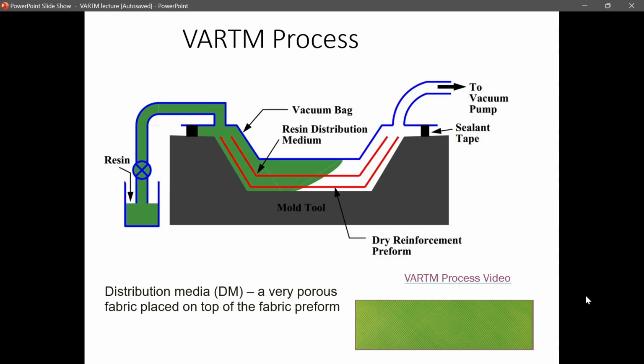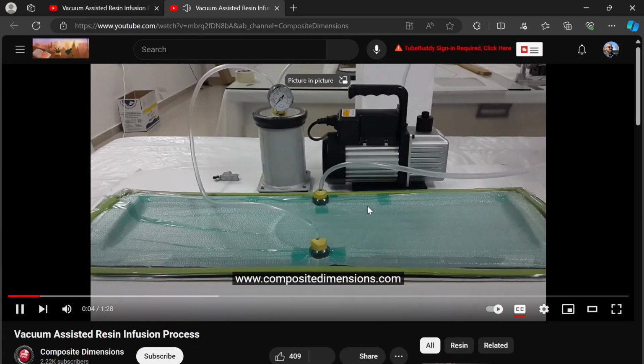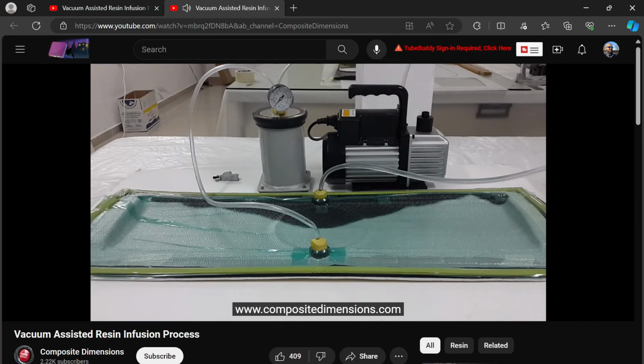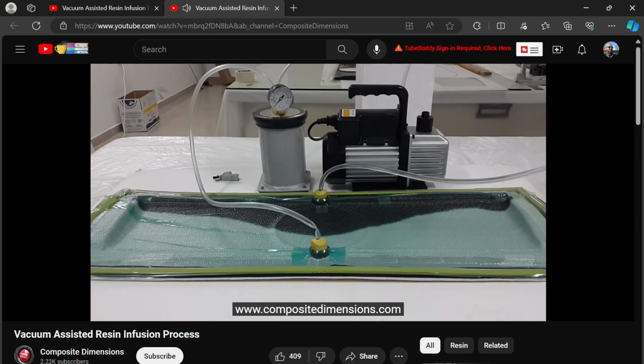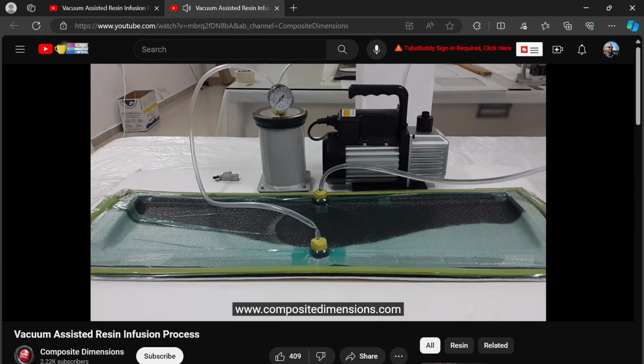The VARTM process you're going to do in the lab is going to look like this. So we have a vacuum pump here. One thing we need to have in the VARTM process that we don't really have before is a distribution medium.